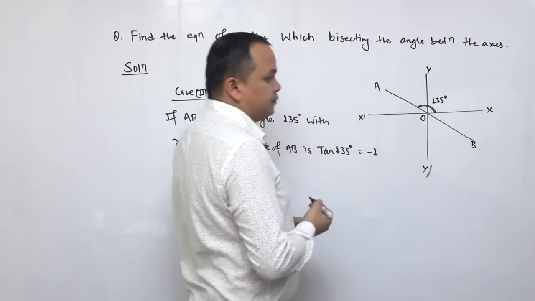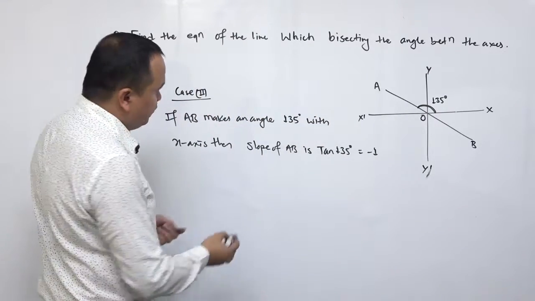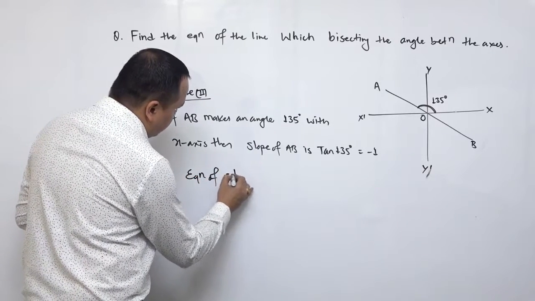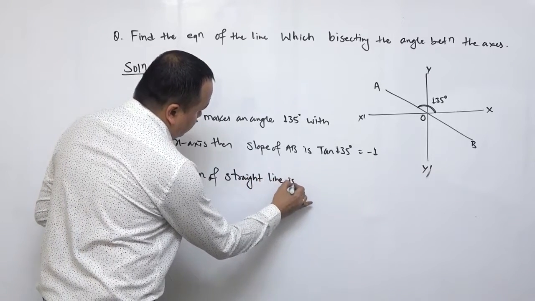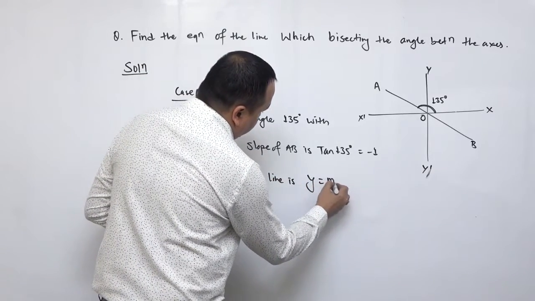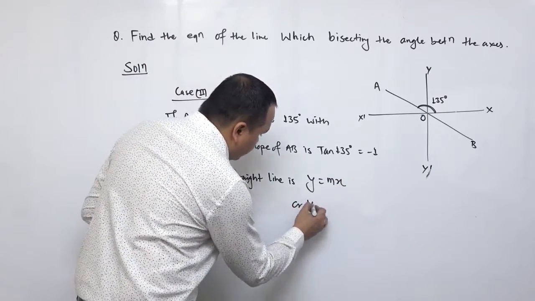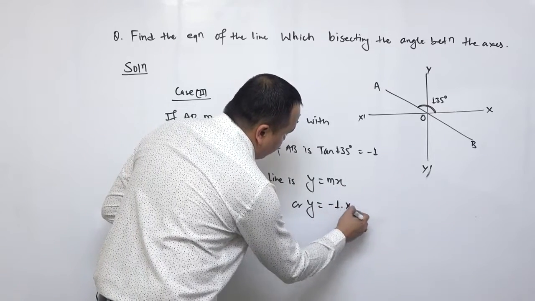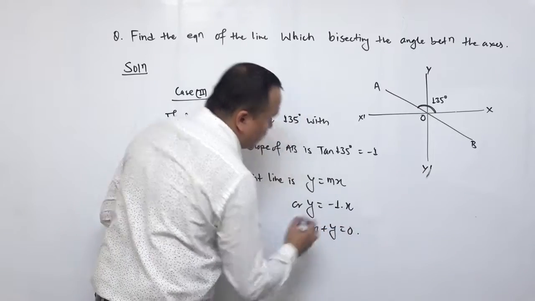And c is again 0. Now the equation of the straight line is y is equal to mx, again because c is 0, or y is equal to minus 1 into x, or x plus y is equal to 0.